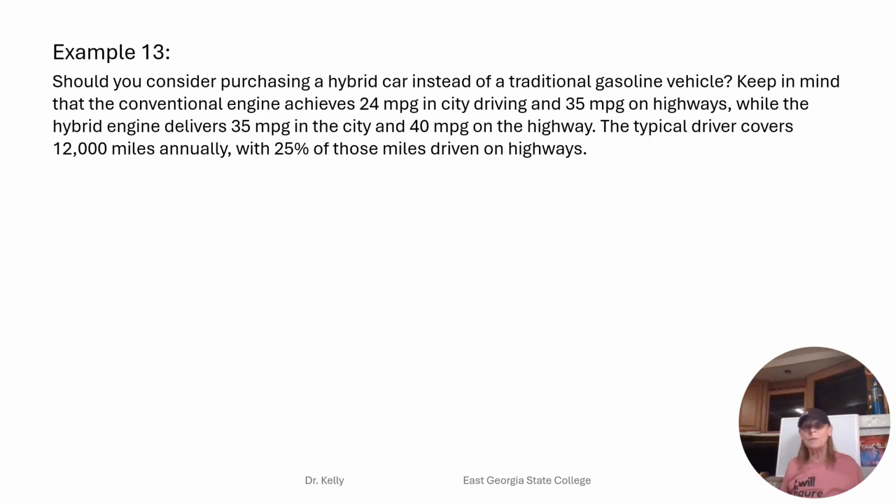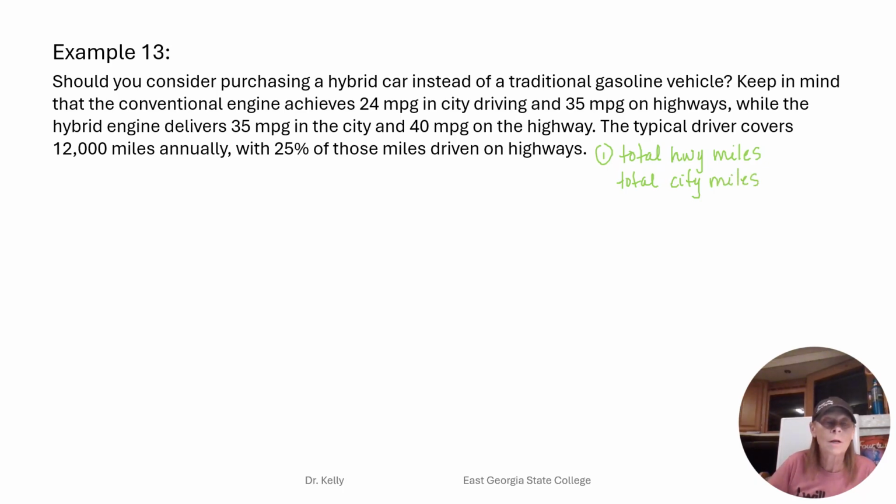So the first thing you need to do is come up with a plan. How am I even going to solve this? What do I even need to do? This is a lot of words. Don't worry. We can figure it out. First things first, we need to know total highway miles, total city miles, right?